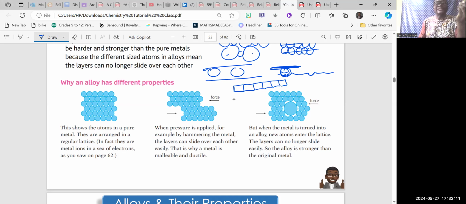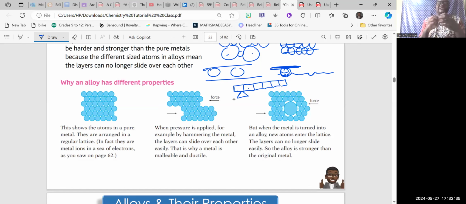The moment the shapes are, and maybe I'm doing tessellation of a rectangle with a triangle, I have spoiled it. It will no longer be smooth. Do you get that? So the moment one is smaller than the other, it means that one is bigger than the other, right? Then it means that the layers will not be able to slide easily over one another.